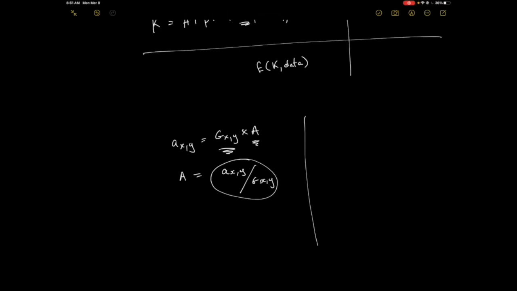So the big takeaway is that you want to find an operation that's easy in one direction, like exponentiation or this multiplication in elliptic curves, but intractable in the other direction. And that's the basis of what makes this encryption possible.